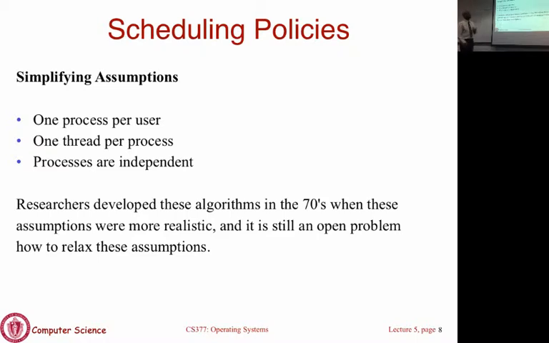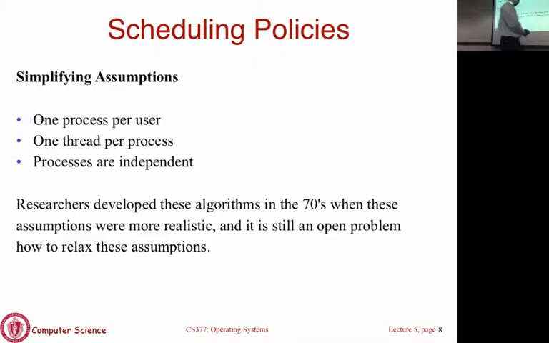Here are the set of assumptions we will make. Just to keep things simple, we'll assume there's one process per user, and all processes are single-threaded. There is only one thread per process. When we start talking about threading, we'll relax that assumption. But as of now, no threads, only single-threaded processes. Furthermore, we'll assume processes are independent.